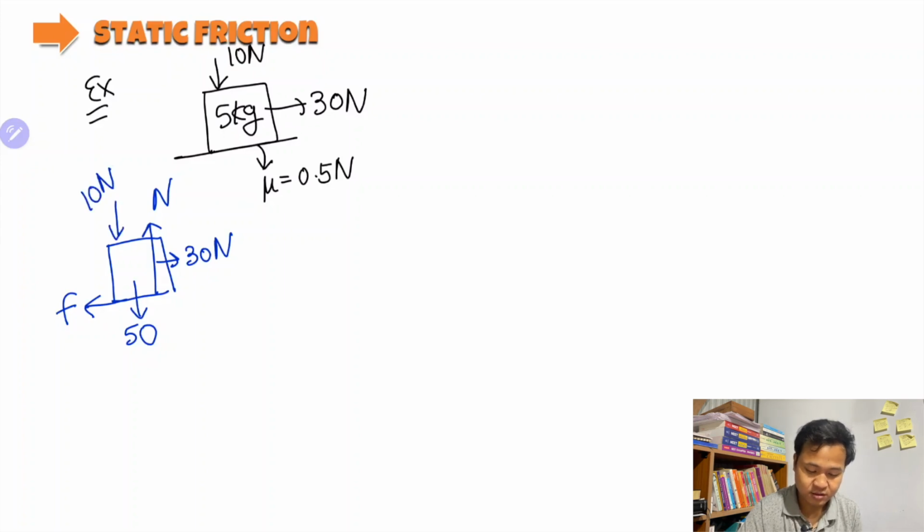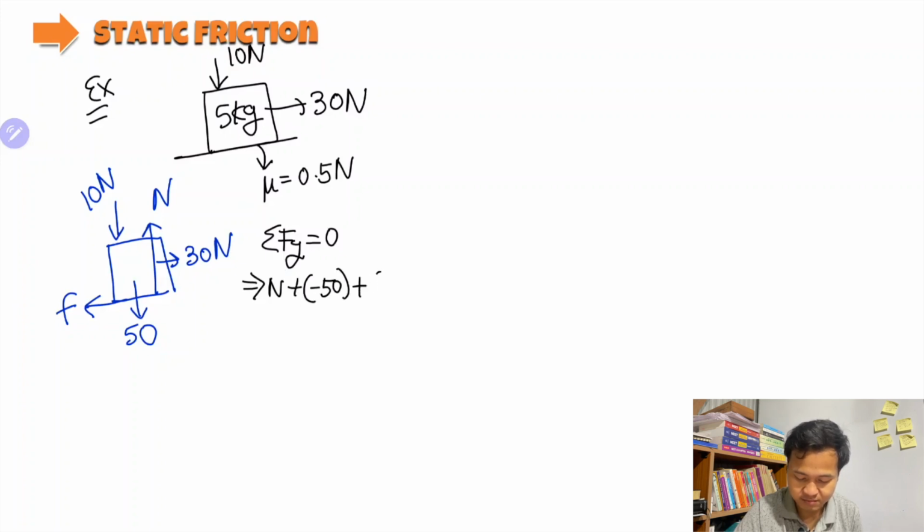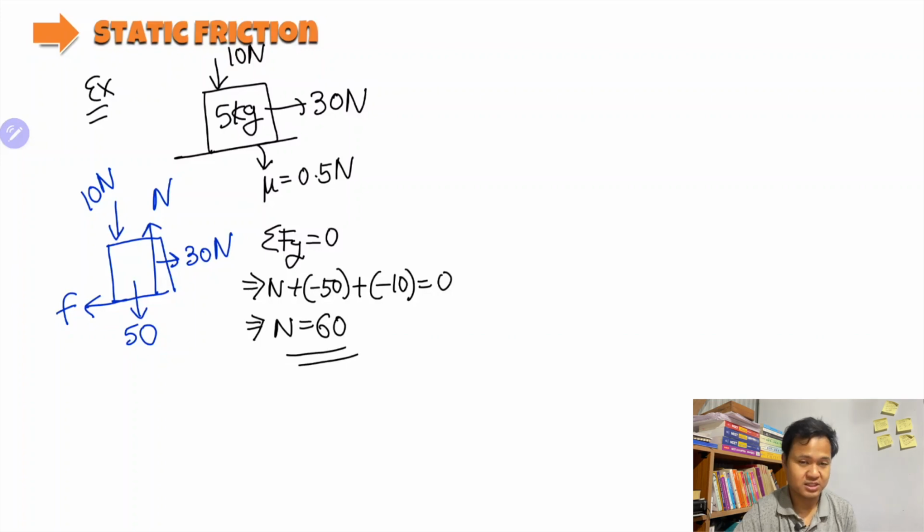Along the y, the net force is 0, so there is no movement along the y. So N minus 50 minus 10 equals 0. So N will become how much? 60. So the normal force is now 60. What is the maximum friction?